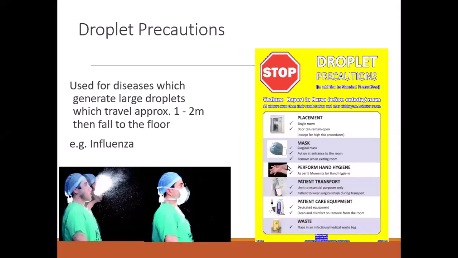For droplet precaution, it is used for example for influenza, seasonal influenza. It's also preferred to keep the patient in negative pressure, but since it's limited, and the air conditioning is individual in each room, it is enough to place the patient in a single room. And the color code is yellow.